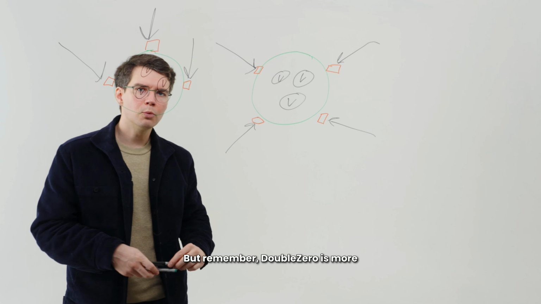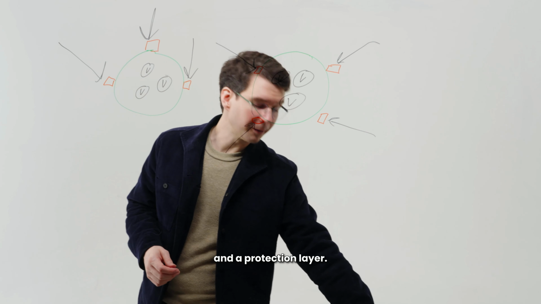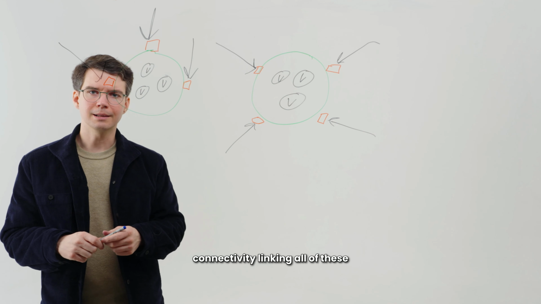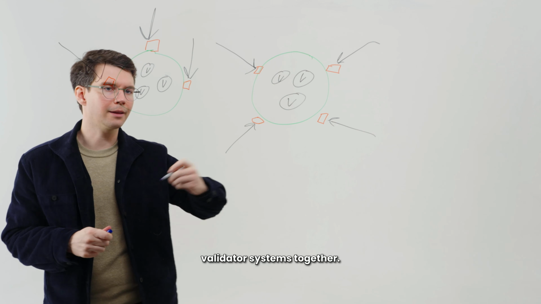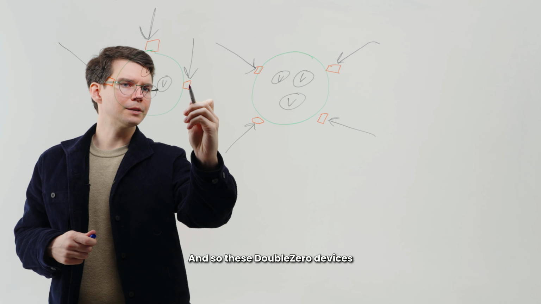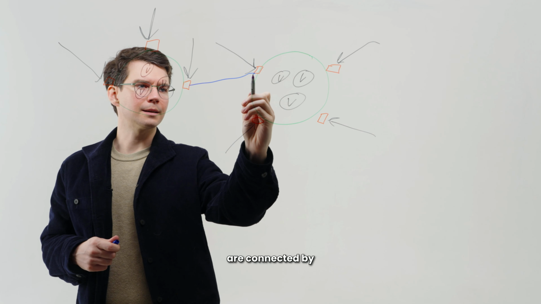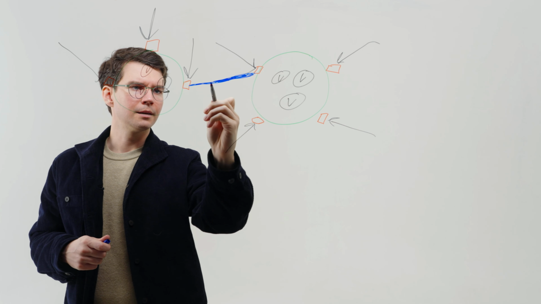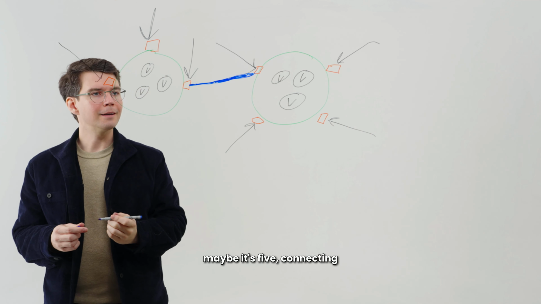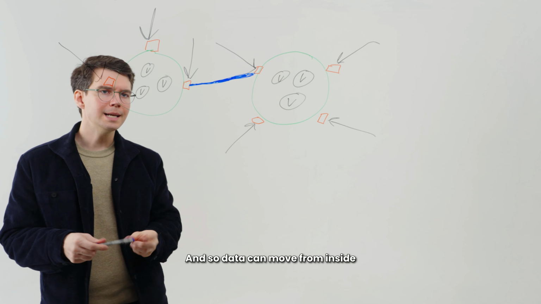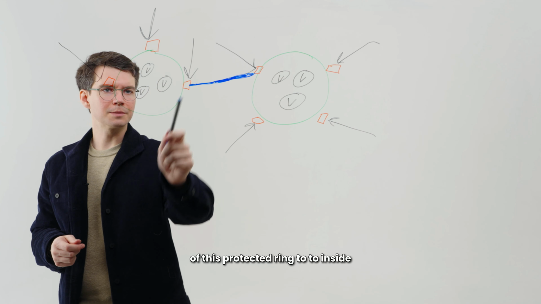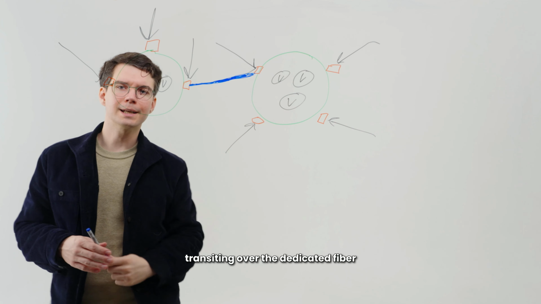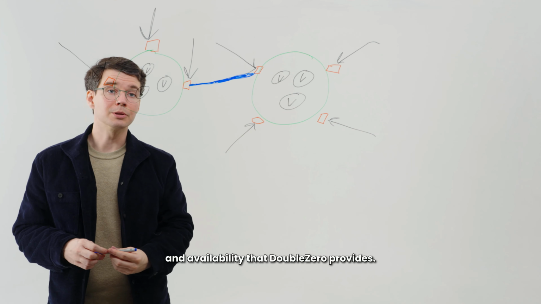But remember, 00 is more than just a filtration layer and a protection layer. It is also backhaul multi-hundred gigabit network connectivity linking all of these validator systems together. These 00 devices are connected by high-capacity dedicated fiber links. Maybe it's a single one, maybe it's 5 connecting a specific data center. And so data can move from inside of this protected ring to inside of this protected ring by transiting over the dedicated fiber and availability that 00 provides.